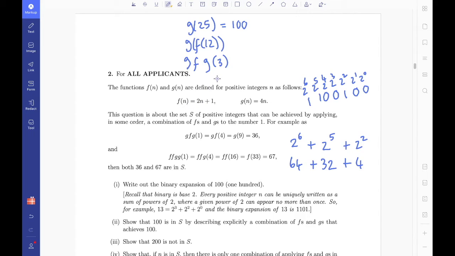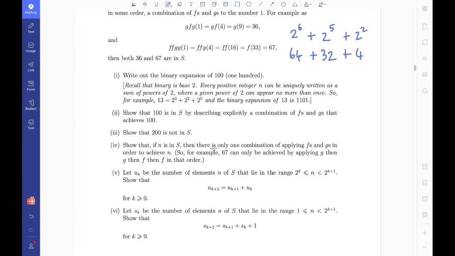So we can get there from applying f's and g's to 1. And that combination is g, f, g, then f of 1. Okay, so that's your unique combination.